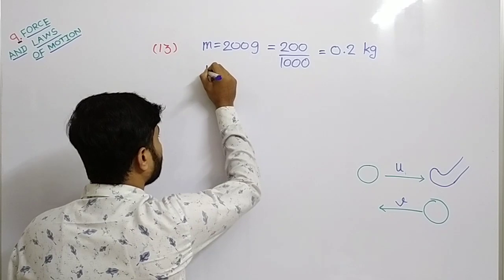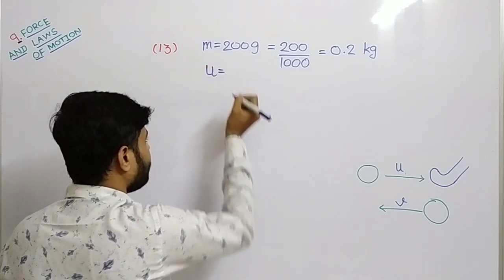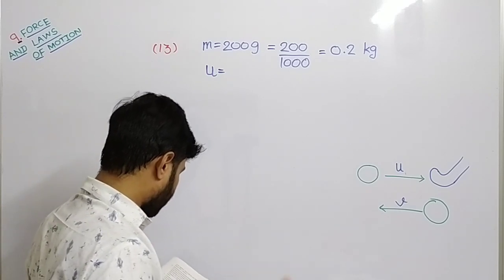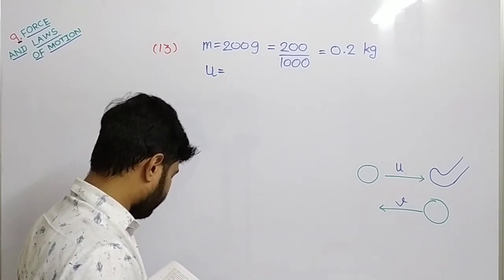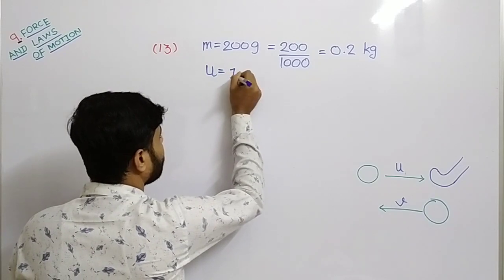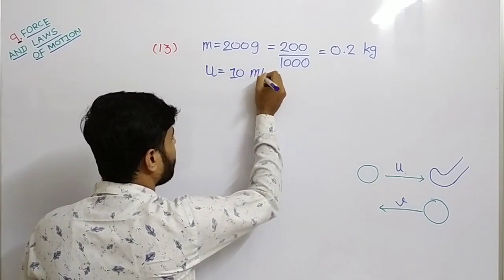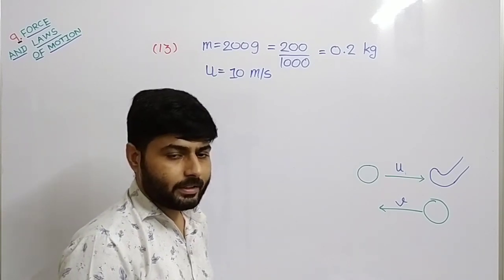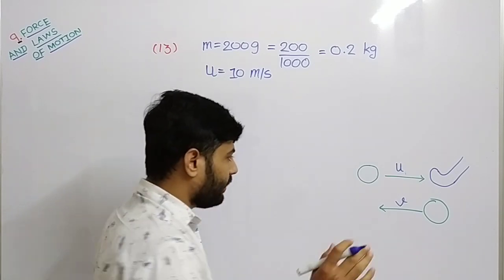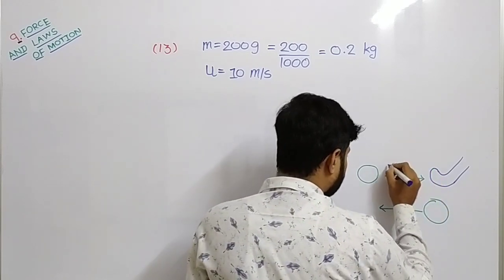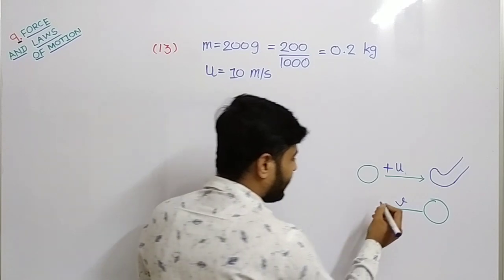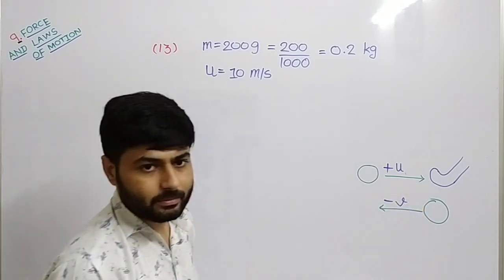Initial velocity u, that is 10 meter per second. Now my dear friends, important point: if I take the right side direction as positive, I have to take the left side direction as negative.